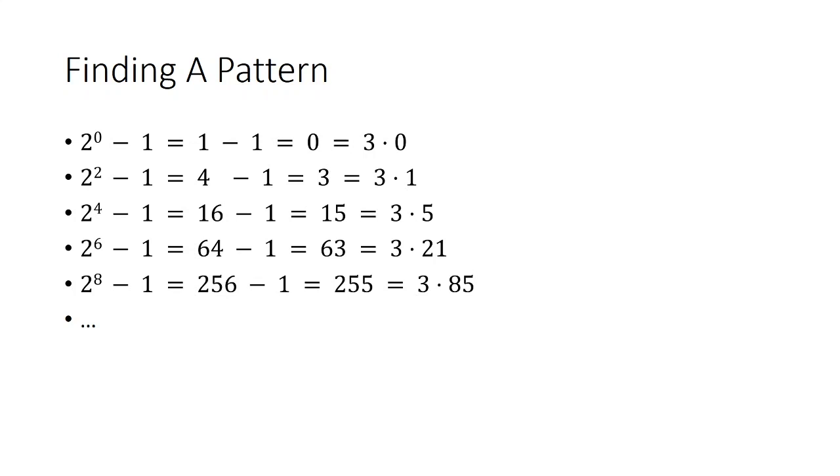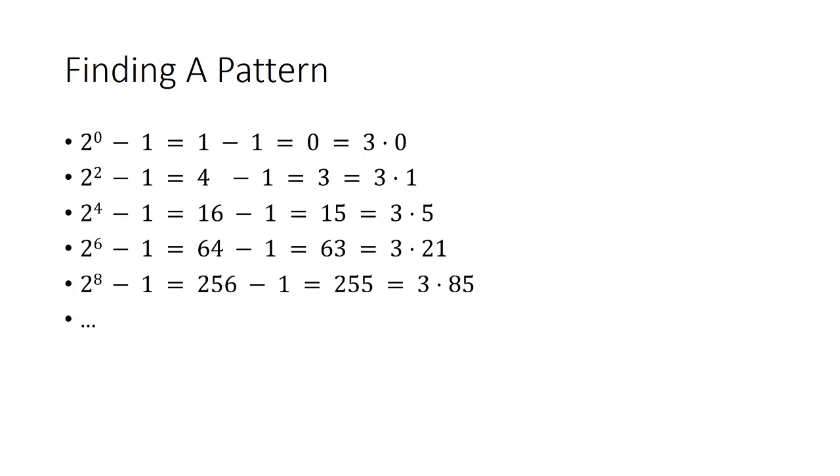Next one, 2 to the 2 multiplied by 2, that is 4, and 2 to the 4th minus 1 will be 16 minus 1, which is 15, that is 3 multiplied by 5. Next one, 2 to the 2 multiplied by 3, that is 6. So 2 to the 6th will be 64, and minus 1 is 63, and that is 3 multiplied by 21.